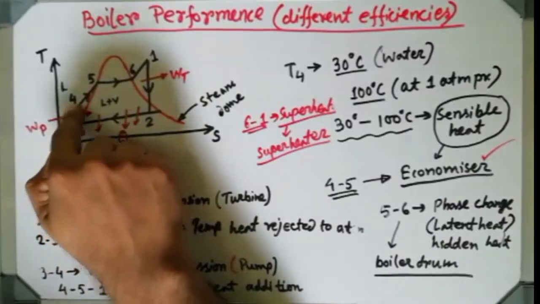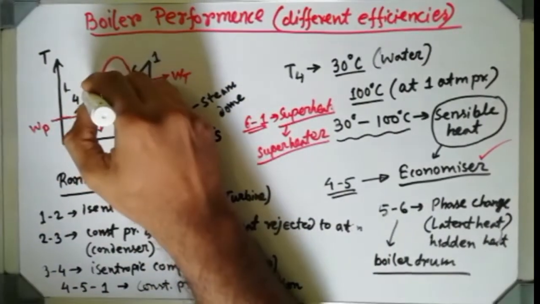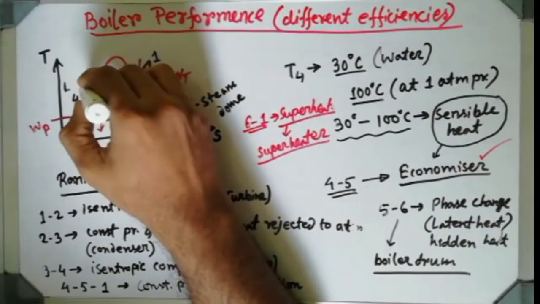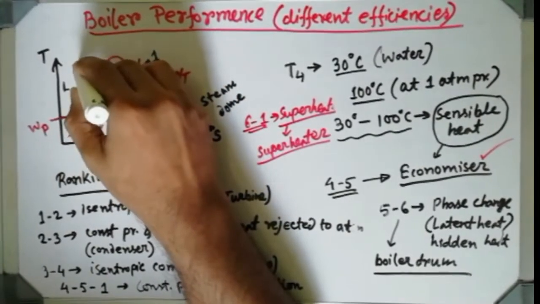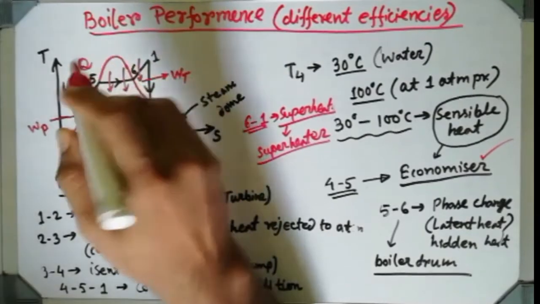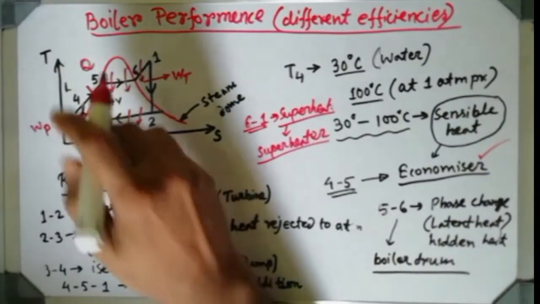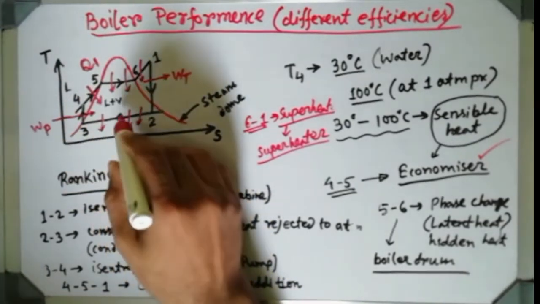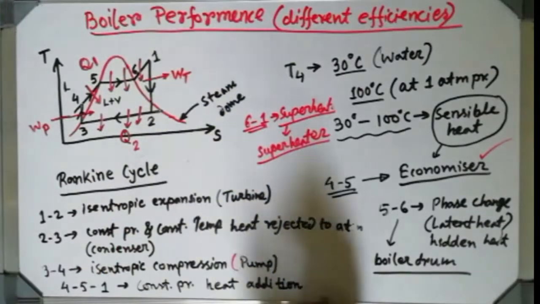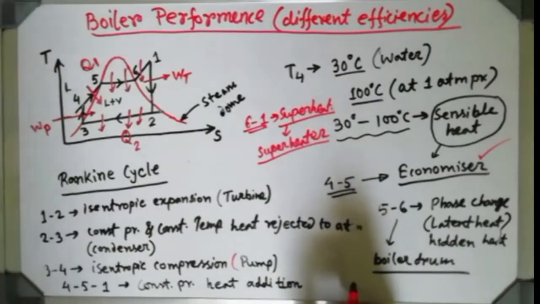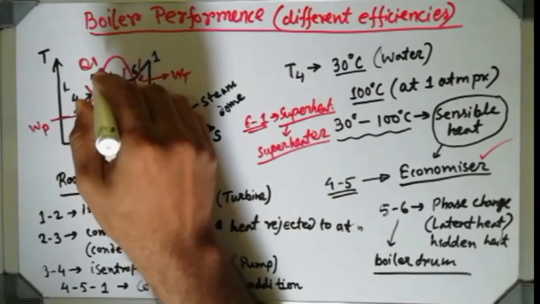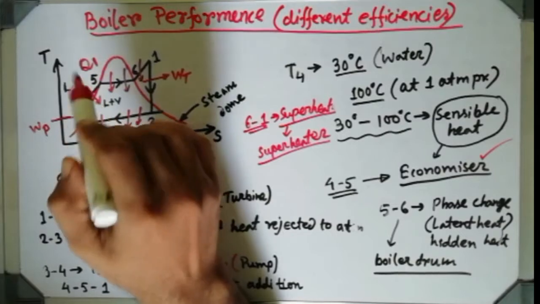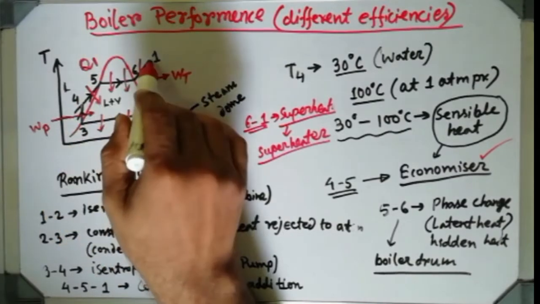So inside this 4 to 1 process, I can put some arrow over there like this. This whole process, always some heat is being supplied in. Let me put different subscripts, Q1, that means heat is supplied, and Q2, that is heat rejected. So it will be easier in later practice. So Q1 is the amount of heat supplied in this cycle, and it is done from point 4 up to point 1.